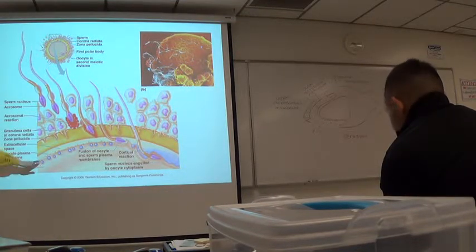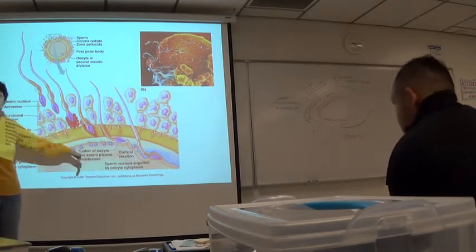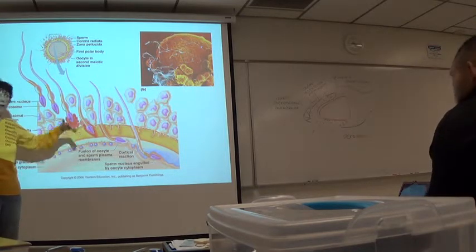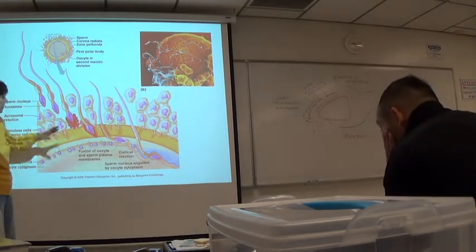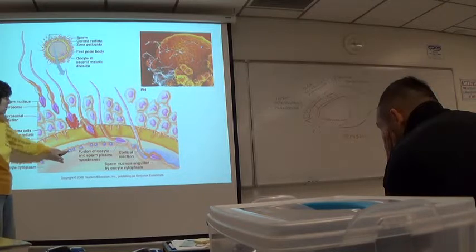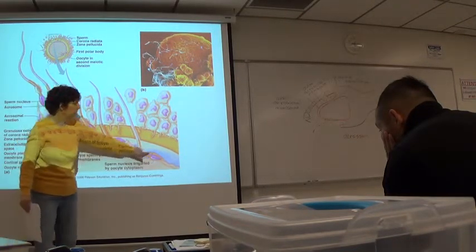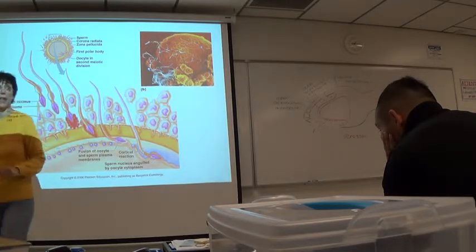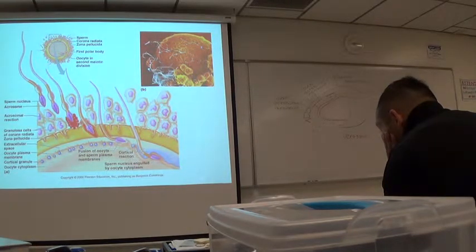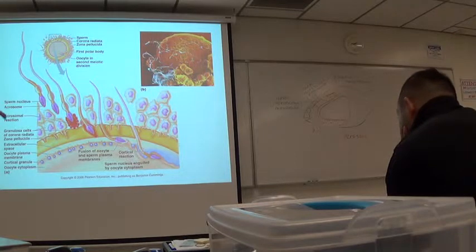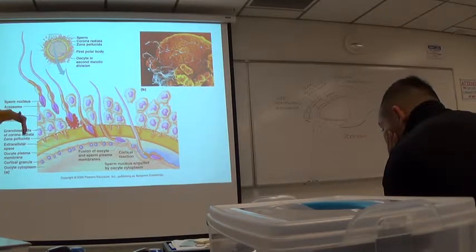Okay? The depolarization itself is the fast block, but as a result of that depolarization, these cortical granules fuse with the plasma membrane surface of the egg and dump their contents into the space between the secondary oocyte and the zona pellucida.